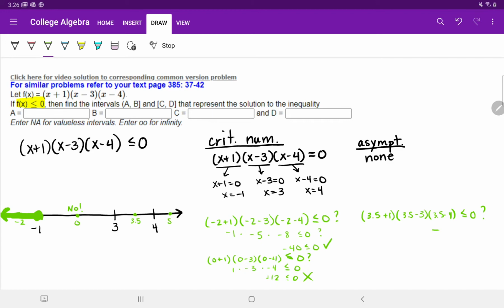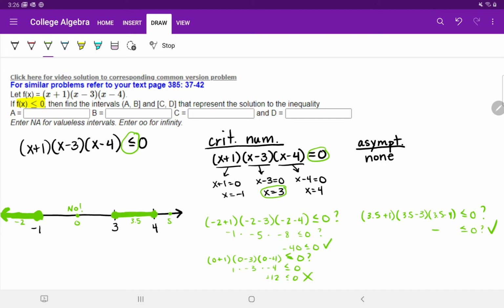It's a negative nasty decimal. Is a negative number less than or equal to 0? Absolutely. So this is a yes. All of these points in this interval are going to be included in our answer. Also, let's look at the endpoint 3. At the point 3, our function is equal to 0, which is okay because this says less than or equal to 0, so this will be included, and for the same reason, this will be included.